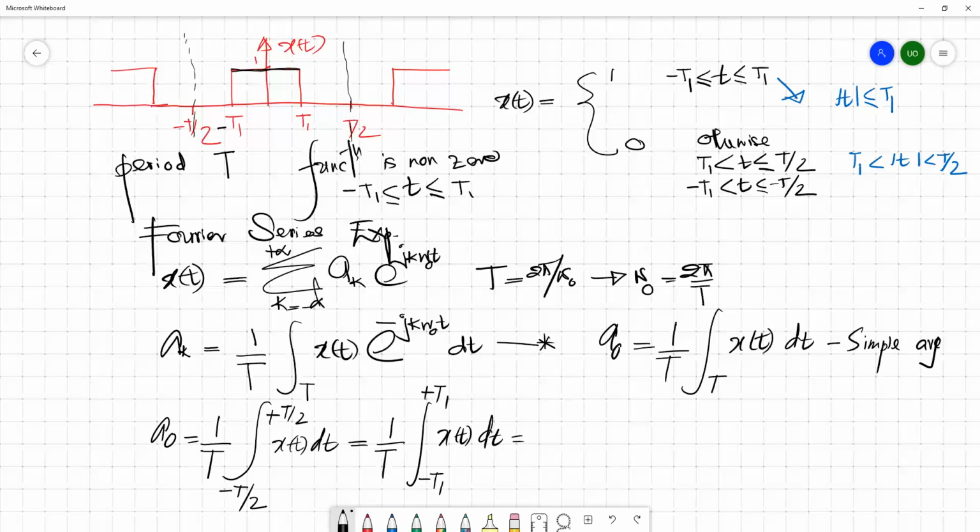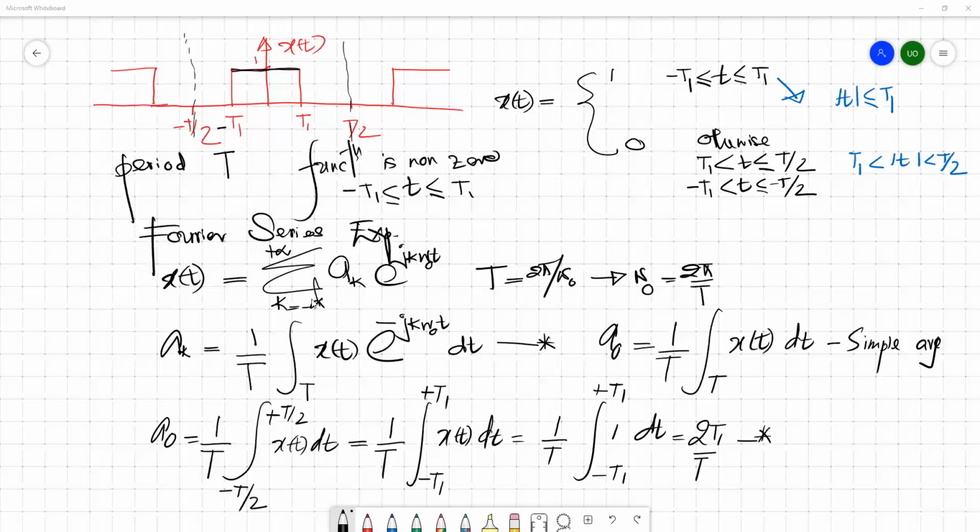Once we substitute, the value of x(t) is actually 1 during this region. So then it becomes 1 over T, integral from minus t1 to plus t1 of 1 dt. If we solve this, you will get 2 t1 divided by T. So this is the Fourier series coefficient at k equals 0, or the DC component of this Fourier series expansion.